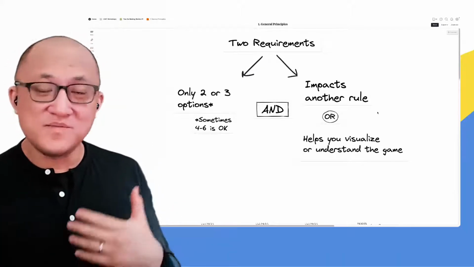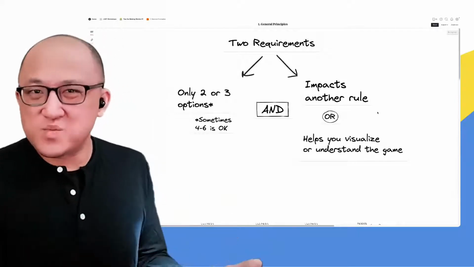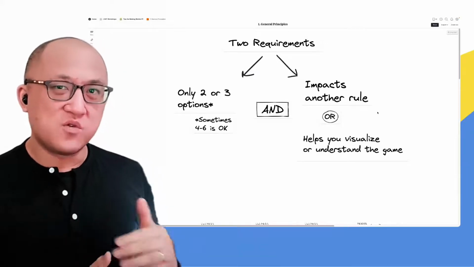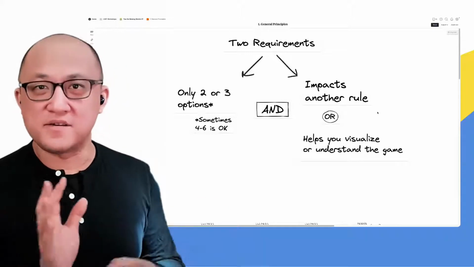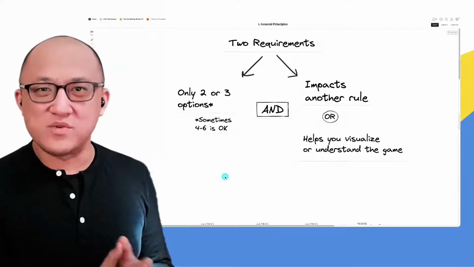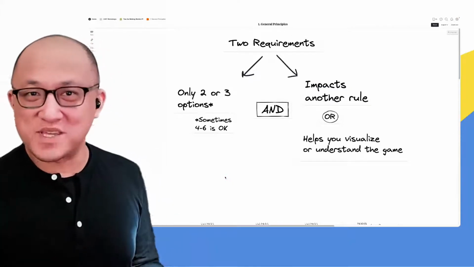But some impacts are more significant than others. There are probably going to be times where you think there is some interaction, but I just don't feel like it's worth it to make that split. And that's totally fine. These items on the board here are what I would say are necessary conditions, but they're not sufficient conditions for making worlds.